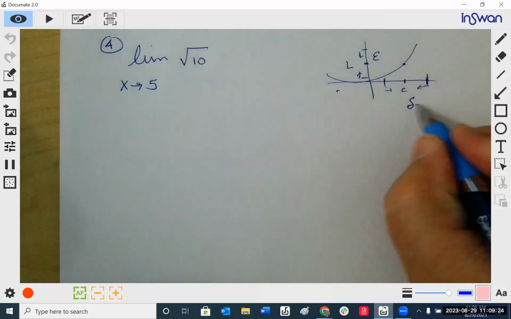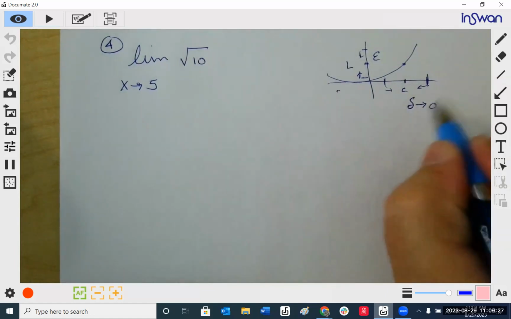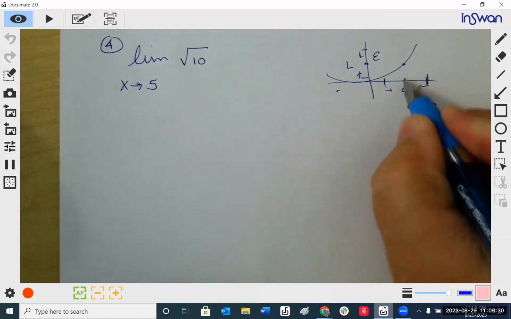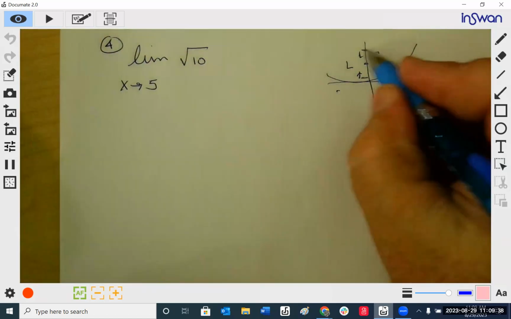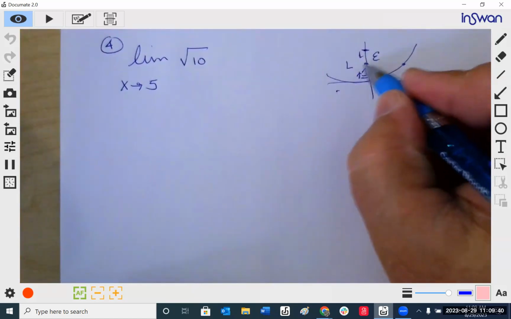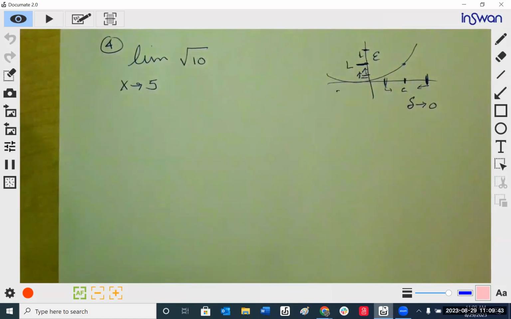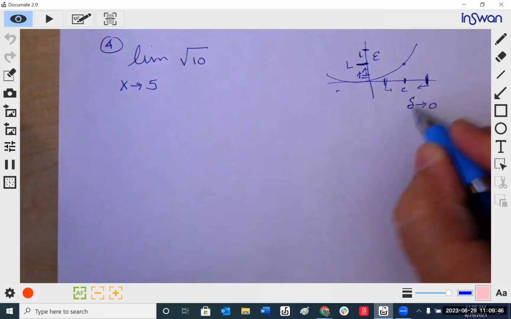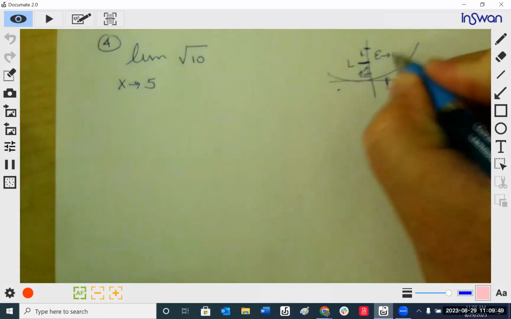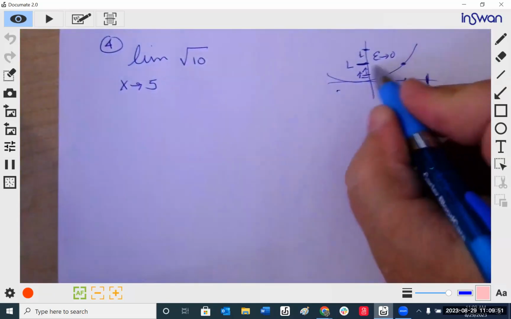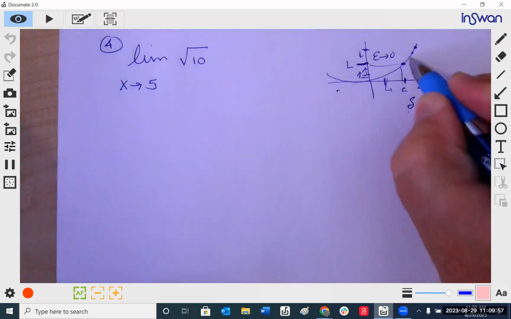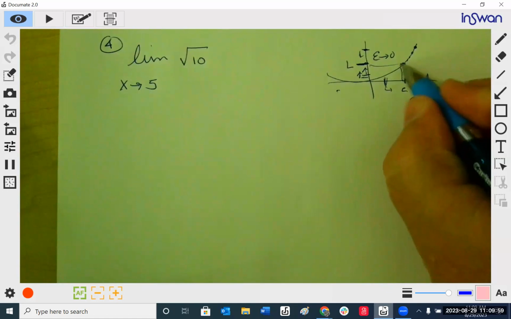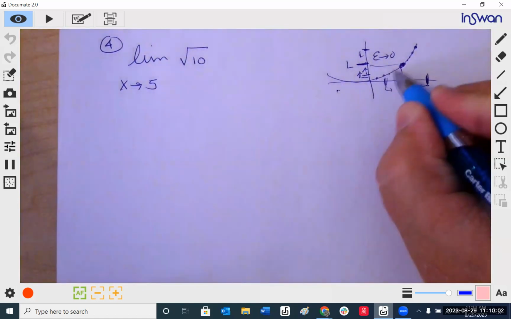As delta gets closer to 0, in other words, as the distance between our point C and our delta, these walls, get smaller and smaller, these walls start approaching our limit value. As delta goes to 0, epsilon goes to 0, and eventually we get to a point, which means the points in our graph get closer and closer to our real value.